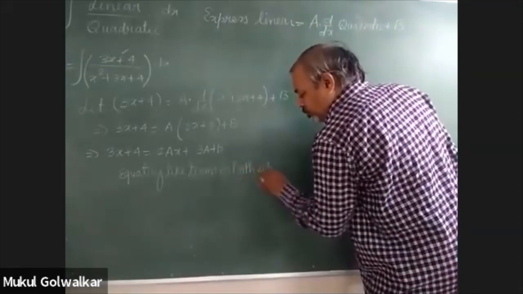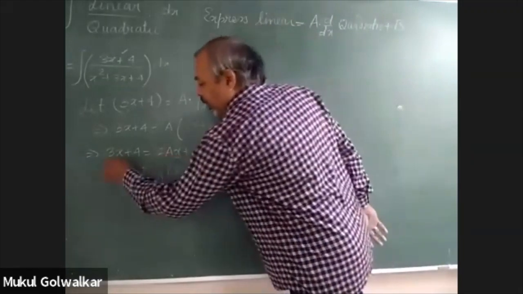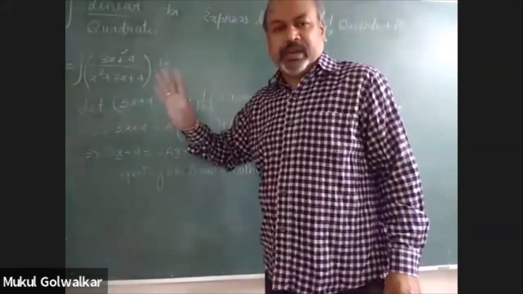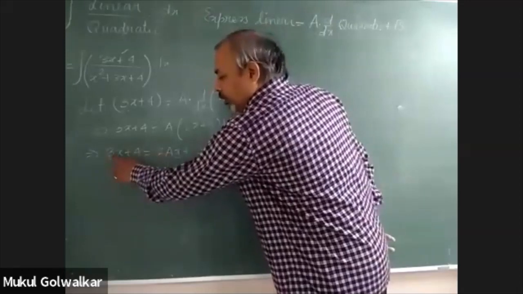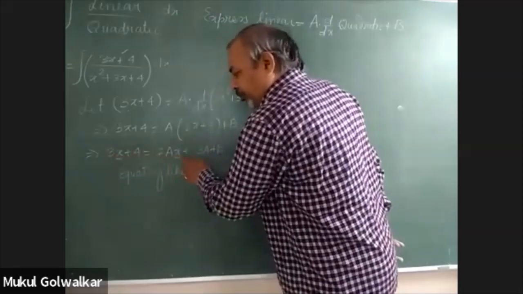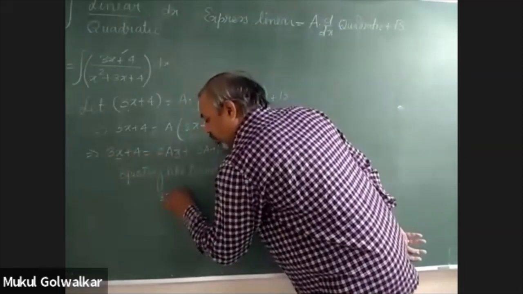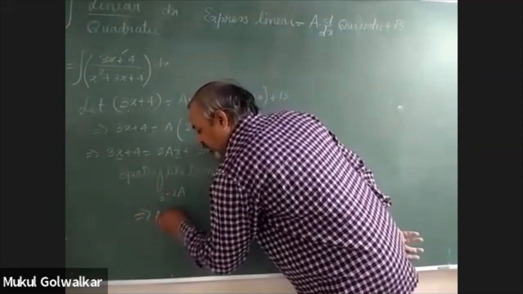Like terms, that means the terms containing x on the right hand side as well as on the left hand side, compared individually. So what I can write, 3x is equal to 2ax, or else I can write 3 is equal to 2a. So 3 is equal to 2a. This is one thing, and this gives you the value of a is equal to 3 upon 2.